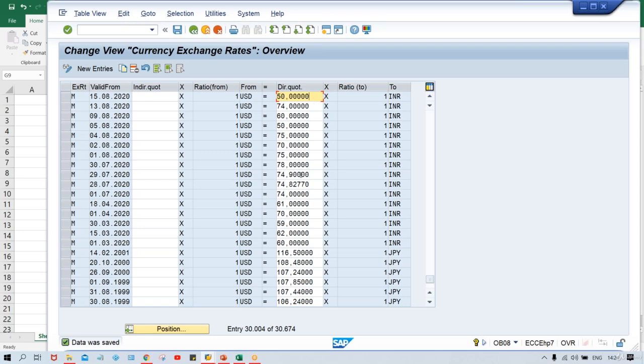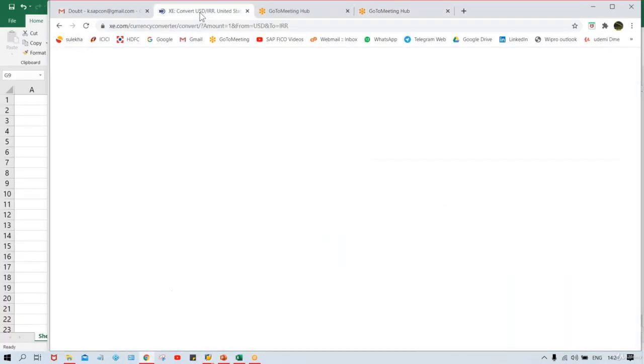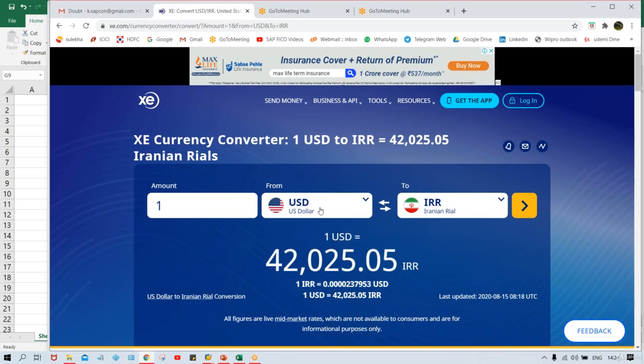Now take an example. I told you about Iranian currency, right? Iranian currency here, right? So now here USD versus Indian currency. We know that USD value is higher than the Indian currency.